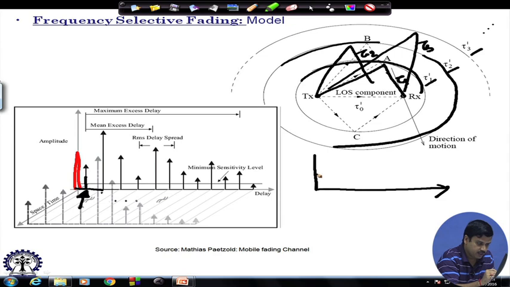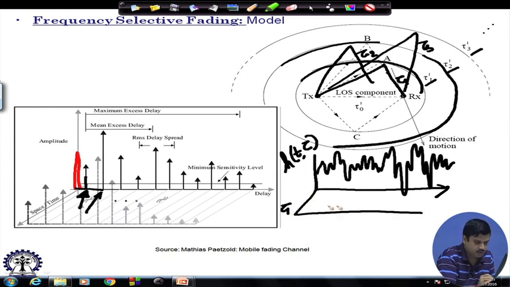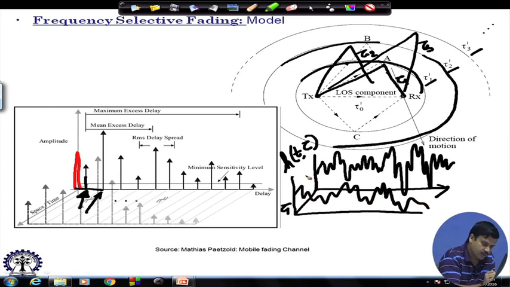What we have studied in the previous lectures is that this h of t comma tau fluctuates with time in a random fashion as in this. The second one would also fluctuate randomly in time. If this is the delay axis, at delay tau 1 there would be similar fluctuation. That means, if we were sending a continuous wave, this was the fluctuation we would get at a particular delay.